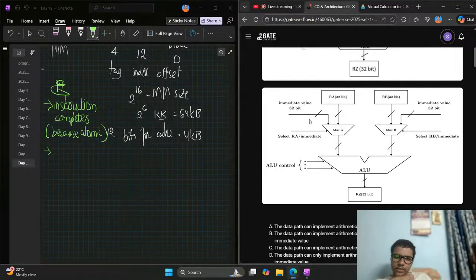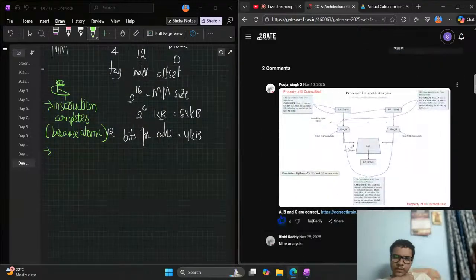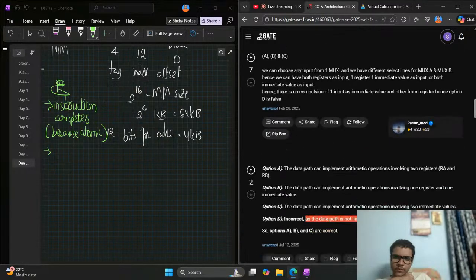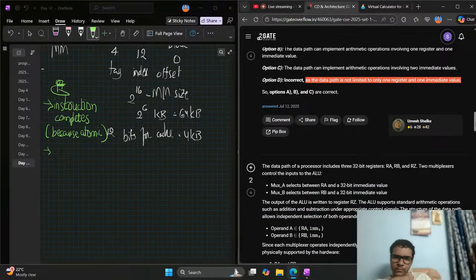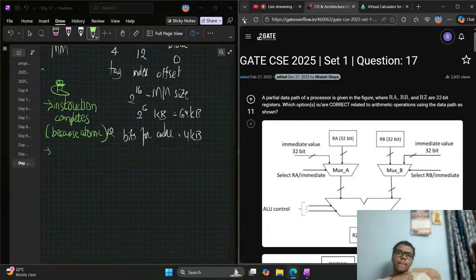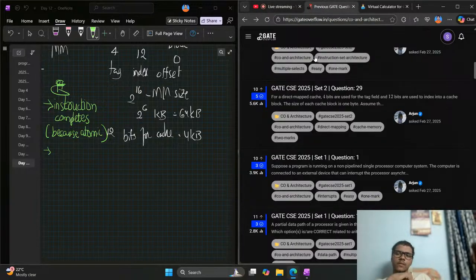So one register and one immediate value. Yes, it is all right. Two immediate values. Yes, it can only implement arithmetic operations. A, B, C are correct. Okay, so this is easy.